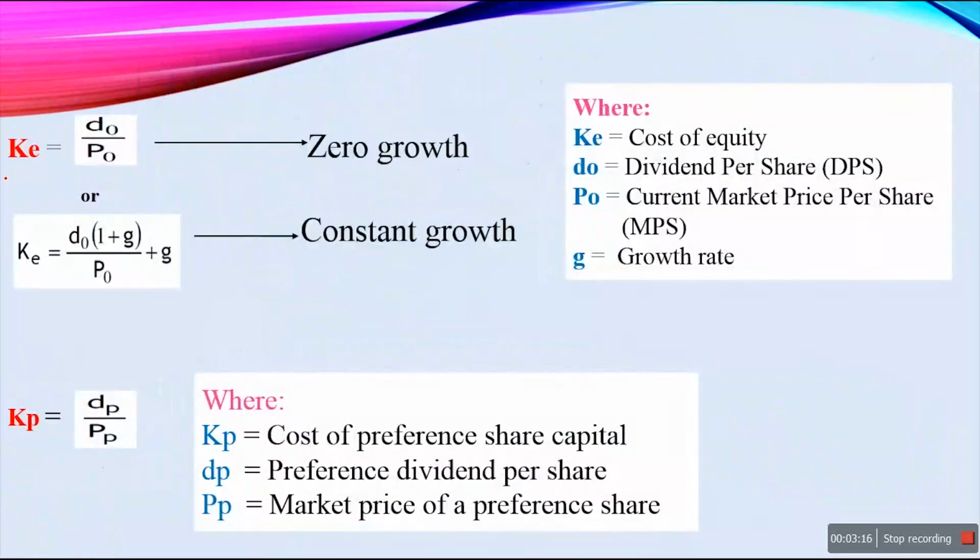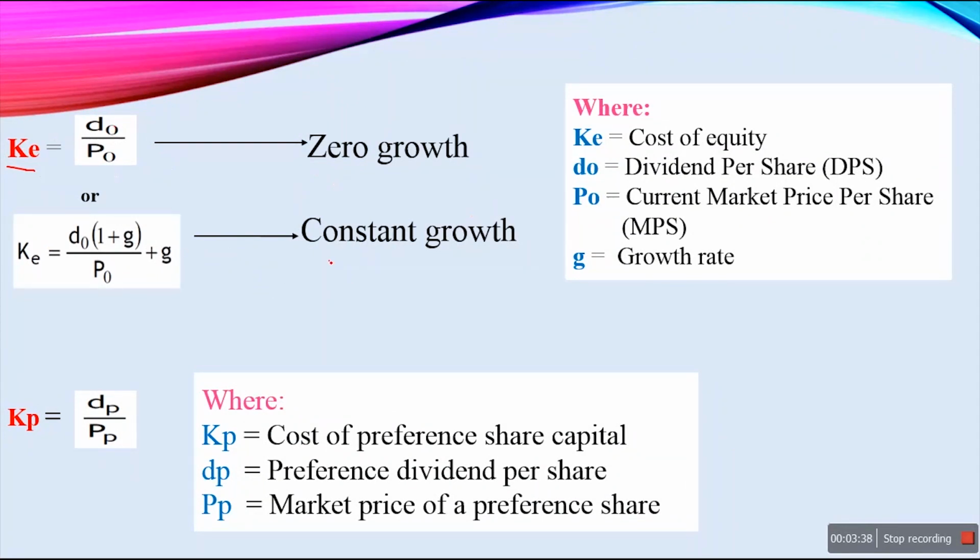To obtain the cost of equity, which is represented by KE, we have two formulas, and these formulas vary because of the growth in dividends. If there is no growth, then the formula used to obtain the cost of equity is D0 divided by P0.